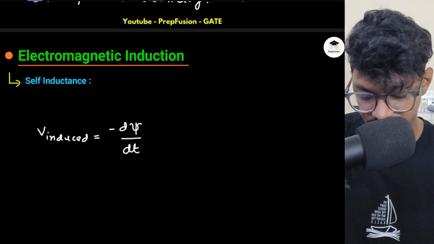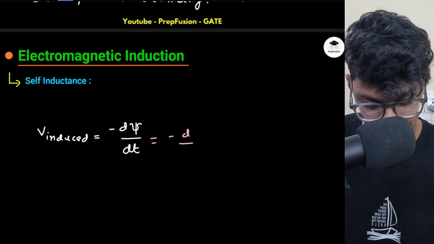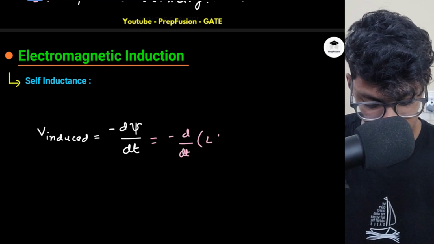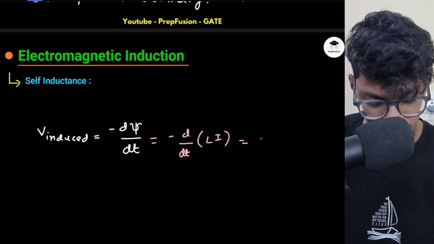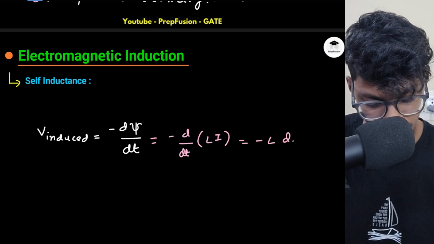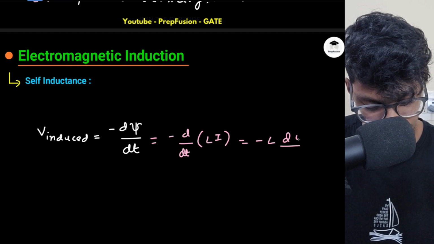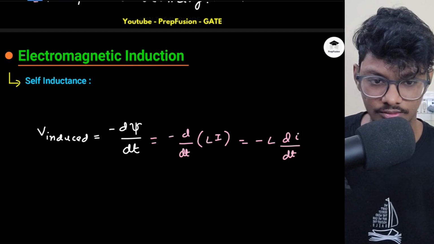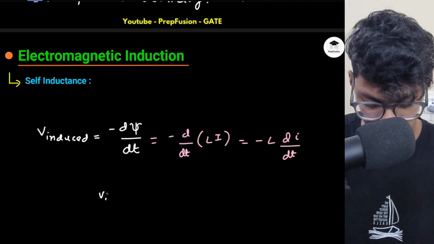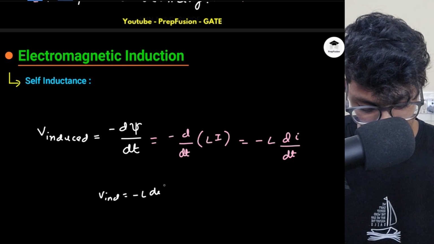So I know psi equals Li. As psi equals Li, this will be equal to, L is a constant, it will not vary with respect to time, so this will be L di by dt. So the induced voltage that I was talking about, its magnitude will be L di by dt, and the sign will be negative.